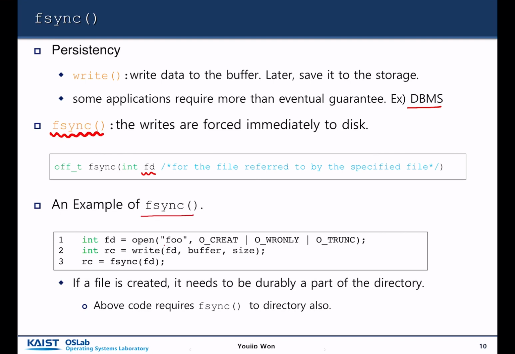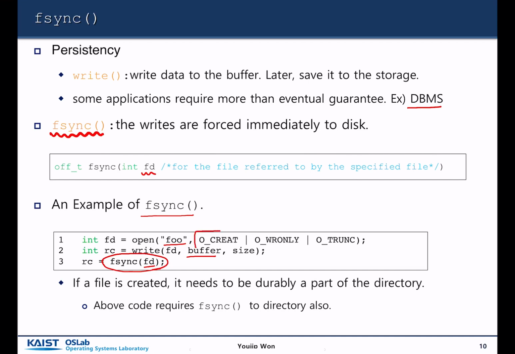The following is an example of fsync. We open a file, write something, and then call fsync. And then fsync guarantees that the dirty pages for the given file are safely flushed to the disk. There's one thing you might want to remember.